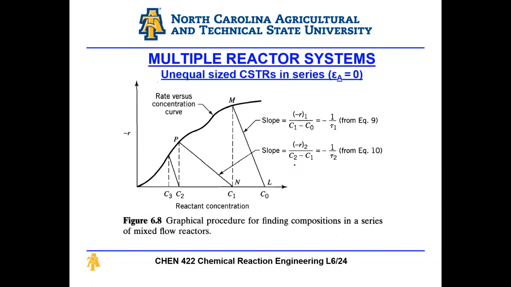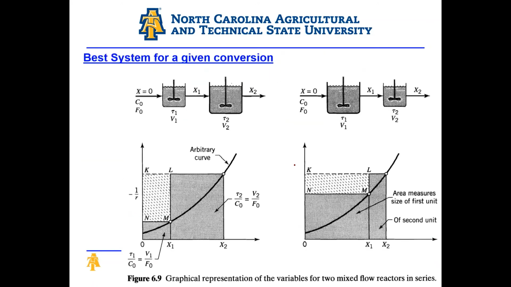But for the purpose of this course, we're going to look at another type of thing where we're going to think about what's the best system for a given conversion, right? So I want to achieve a conversion of x2. In this case, I have two situations. I have the first situation on the left-hand side, x equals 0, C naught, F0.